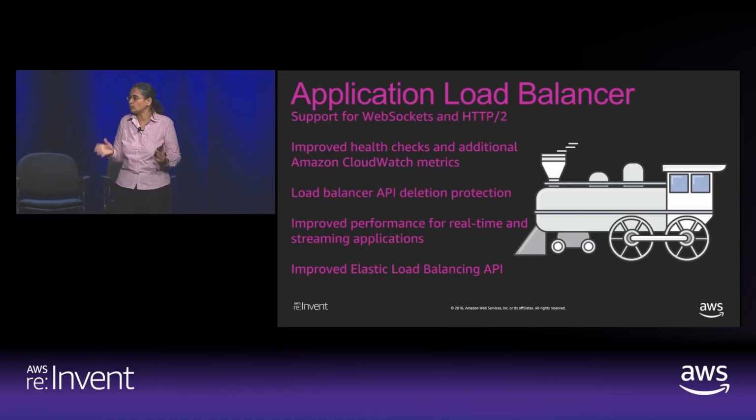I mean, usually we don't break the backward compatibility for our APIs, but when we started designing all these content-based and deeper L7 features on our application load balancer, we figured that it was much easier to start with newer APIs. And so far, the feedback has been pretty good.